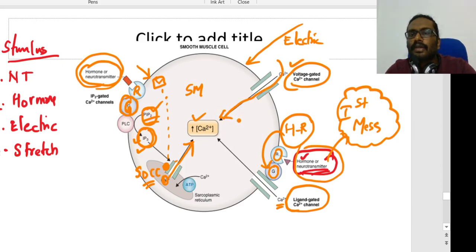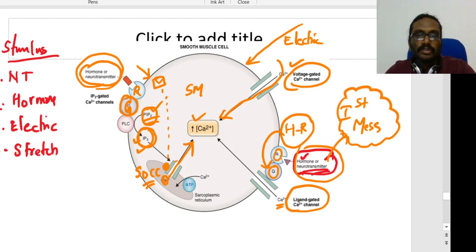So we have different ways where calcium can enter, and depending on the stimulus and the place where the smooth muscle is located, the mechanisms vary, and the cells also arrange themselves in such a way as to receive the appropriate stimulus, and this is how calcium gets in.